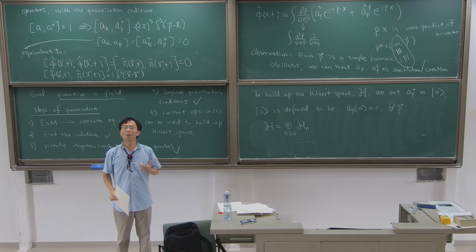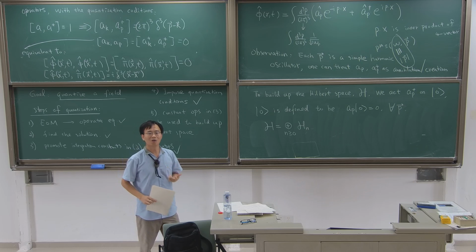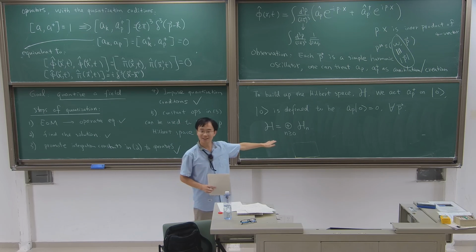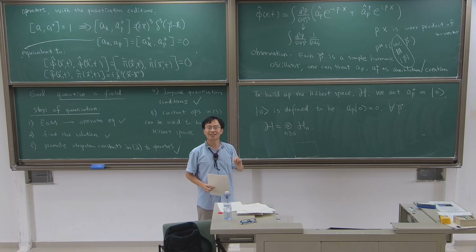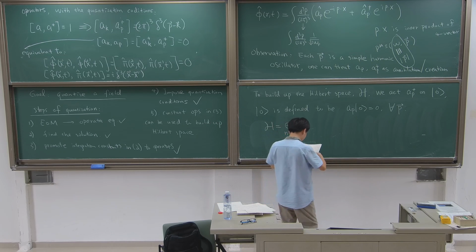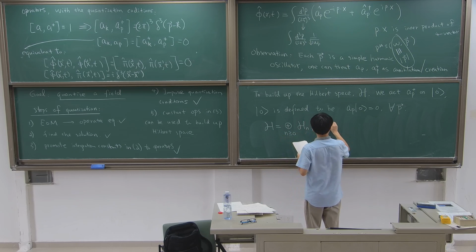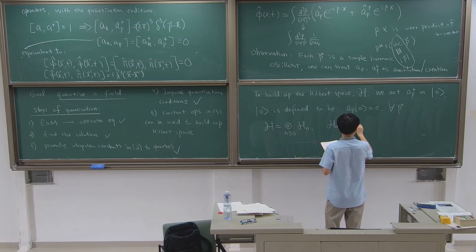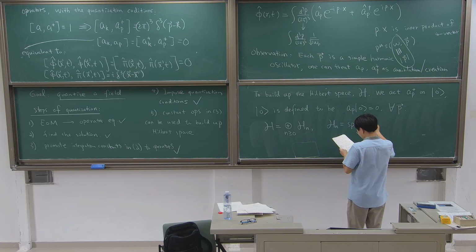Little n means how many times you act on the vacuum with a dagger. It doesn't matter whether you use the same p or different p; we all count it as little n times. So basically little n is the number of particles. Yeah, let me first write this down and explain. Try to give the explanation or interpretation.